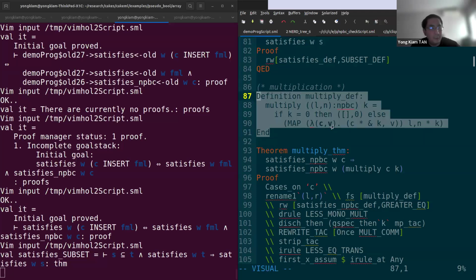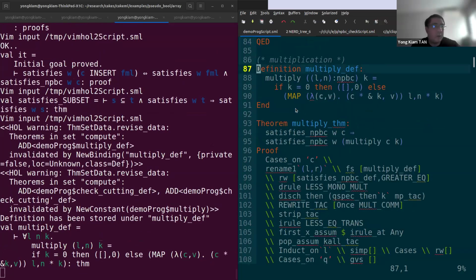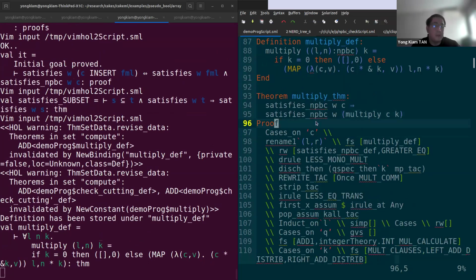One thing to note is that this really looks like something you might write in a functional programming language. In particular, you could write down a correctness theorem for this. The correctness theorem says that if I know that C is satisfied by a given Boolean assignment, then the constraint C multiplied by this coefficient K is still satisfied by the same assignment.